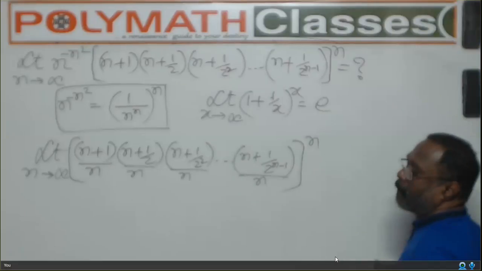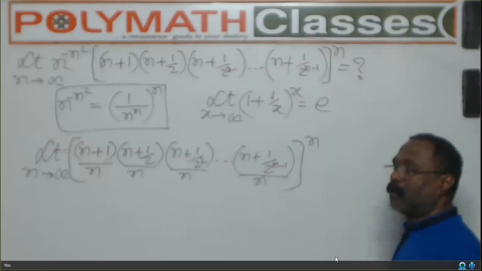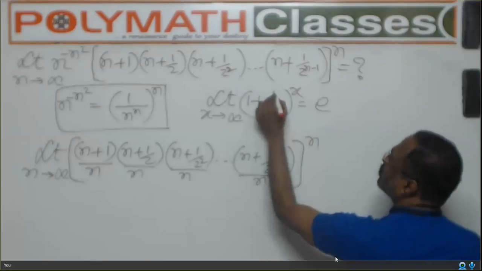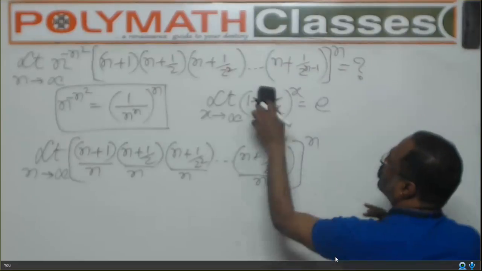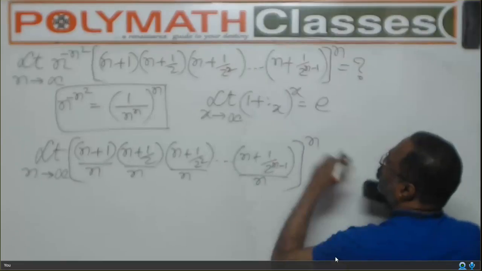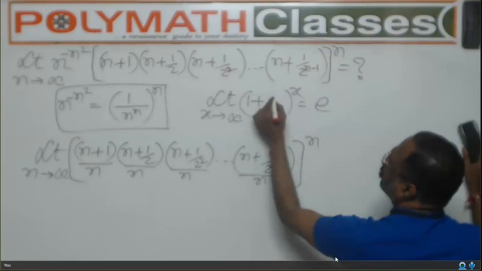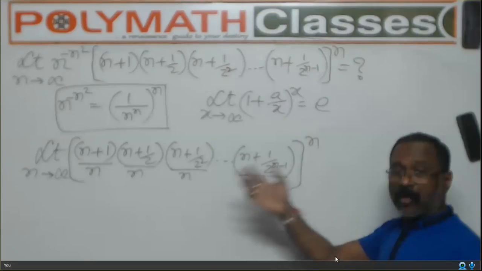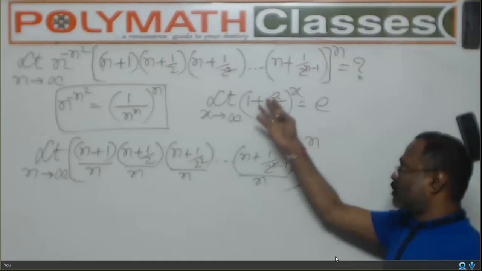So if you have a by x here, for example, like same limit only for the purpose of solving this problem. Let us assume like this. Limit of 1 plus a by x whole power x is there.